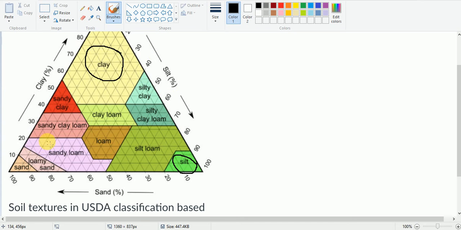And if the percentage of sand is high, the percentage of sand increases towards this side, we call it sandy soil. In between we have many other types, and if we have an equal proportion of sand, clay, and silt, we call it a loam, loamy soil.